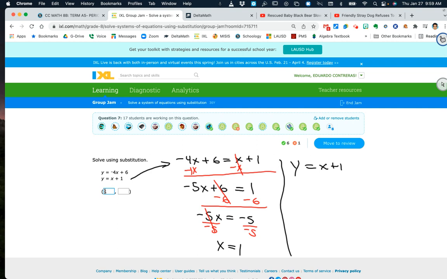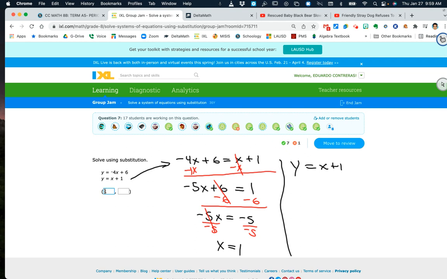Something like, say, negative 2x plus 9y equals negative 11, and then something like x equals negative 5y. Something like that.